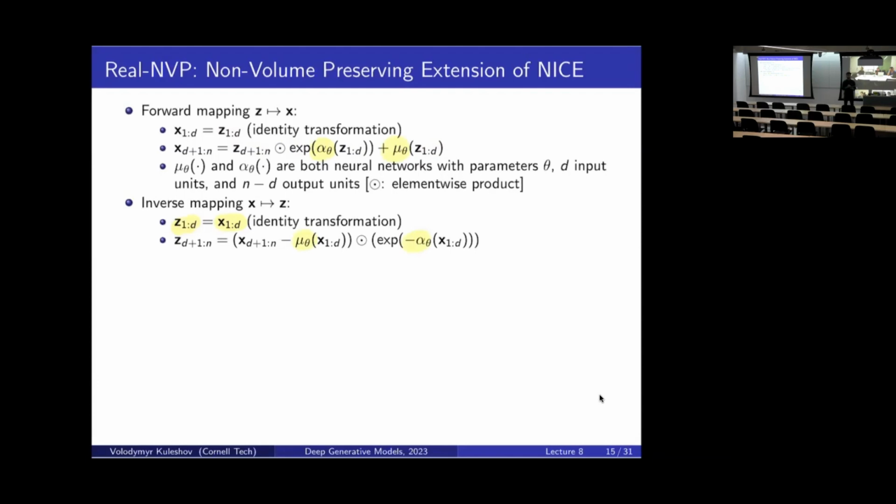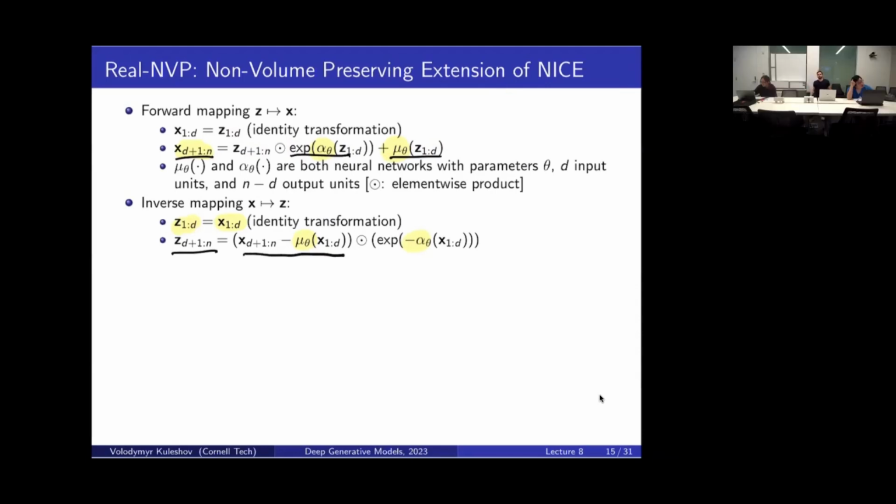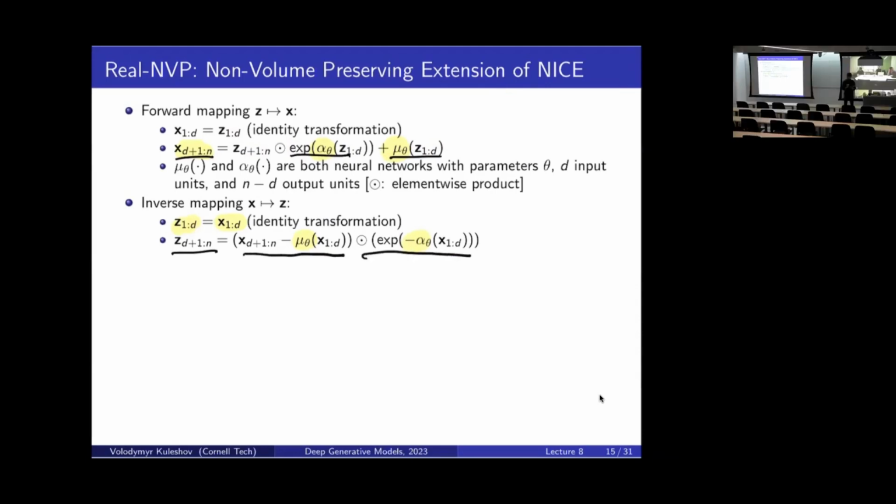And because we know alpha and mu, and we know this term and this term when we perform the inverse mapping, we can just rearrange terms and get an expression for this term. And you can observe that this is the same thing as in the additive coupling layer, but now I'm also dividing by the rescaling factor, and everything still works out. Because we have this separation into two subsets, we can perform this type of inversion.